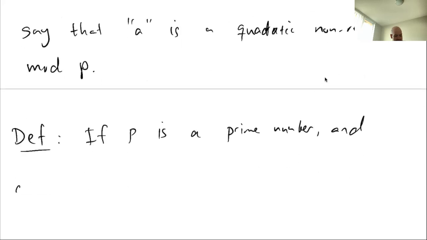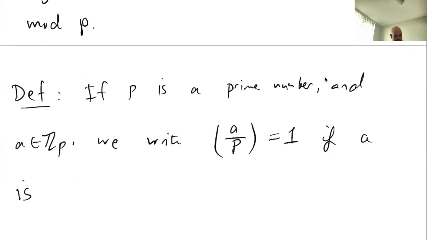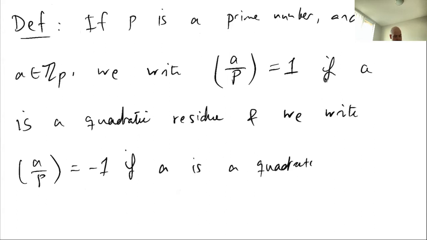and let's say a is in Zp, we write the notation a over p, in brackets, equals 1 if a is a quadratic residue, and we write a over p equals -1 if a is a quadratic non-residue.